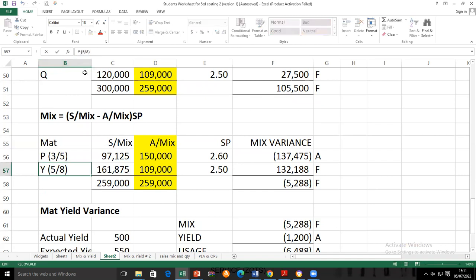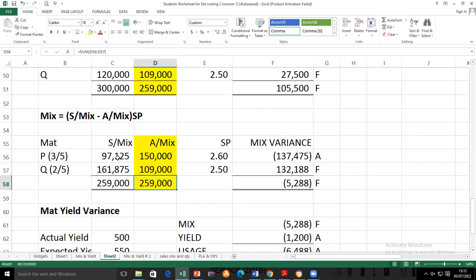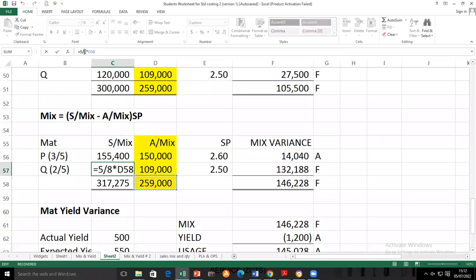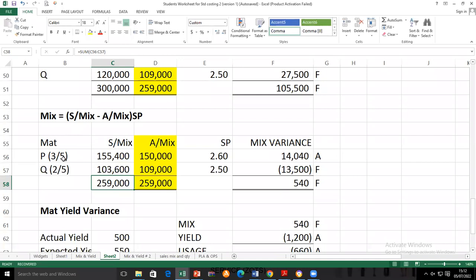Material Q is 2 out of 5, multiplied by this total here. So I'll split this 3 out of 5, 2 out of 5.